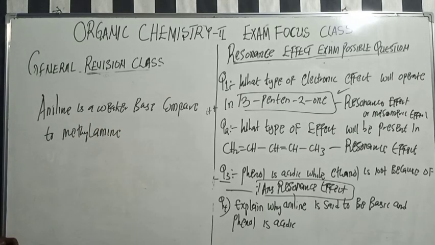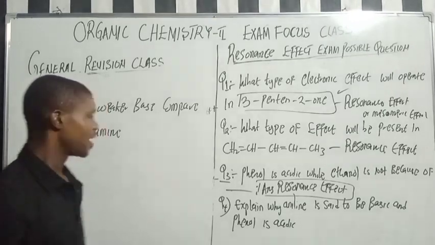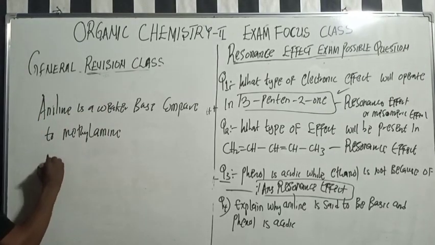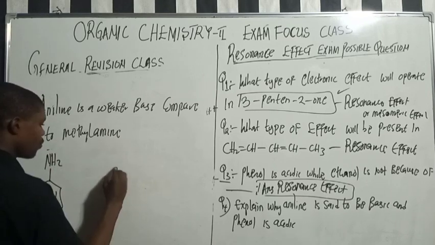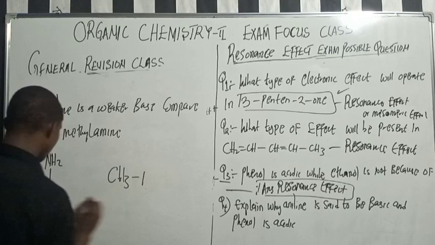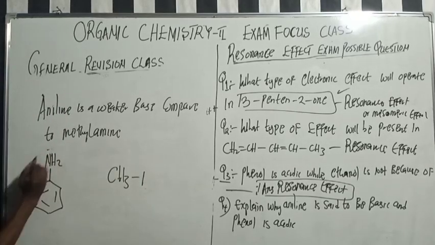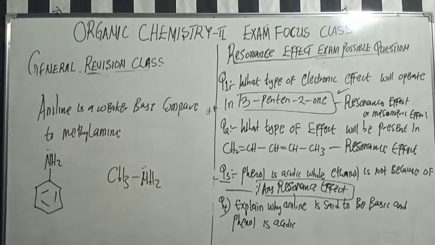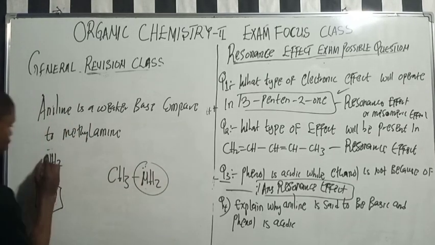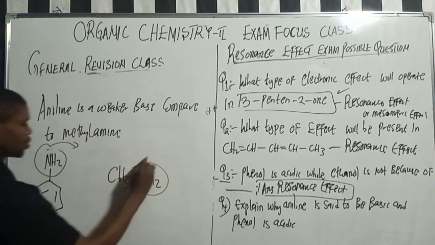Do you get that? Aniline is a weaker base compared to methylamine. Now, here we have aniline. Here we have methylamine. And both of them have this lone pair here, and both of them want to give out electrons here. Do you get that?